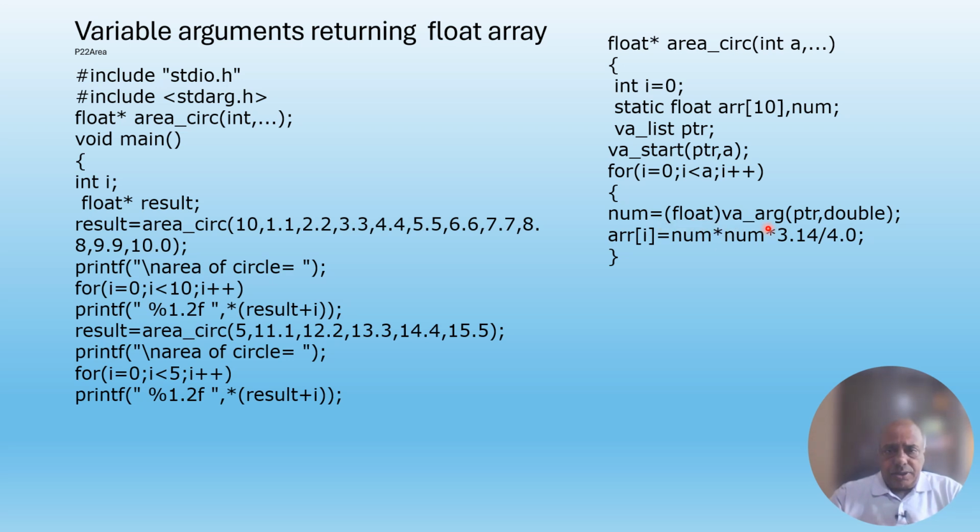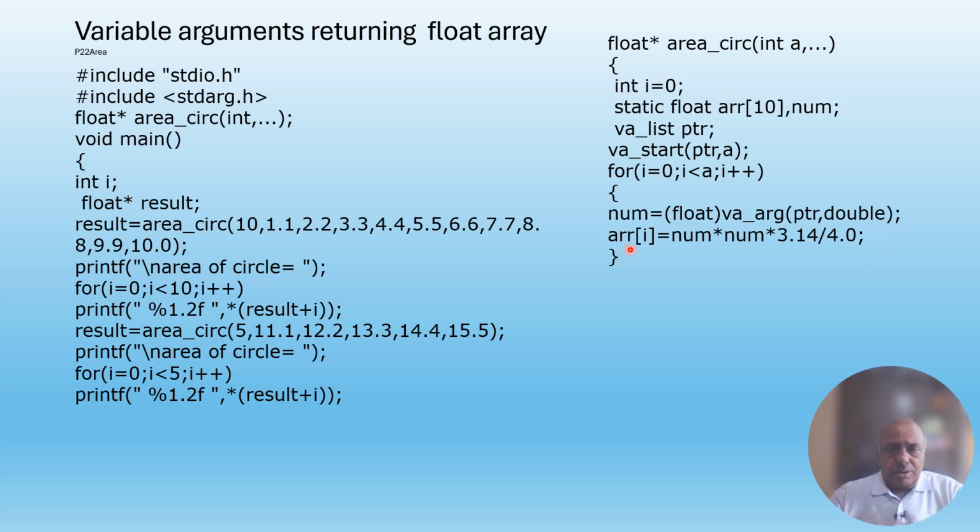And you can see va_arg(ptr, double); instead of float I have written double, because these macros do not understand what is float. They are not created for float variables, they are created for double, which is a type of float only with higher capacity to hold bigger numbers.